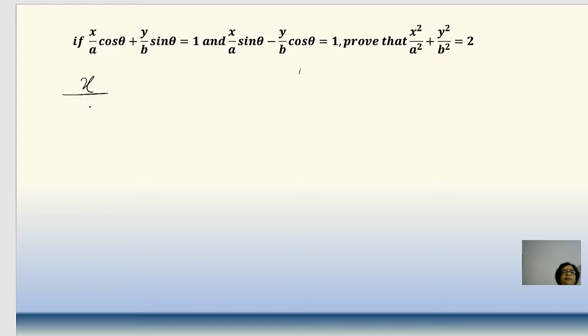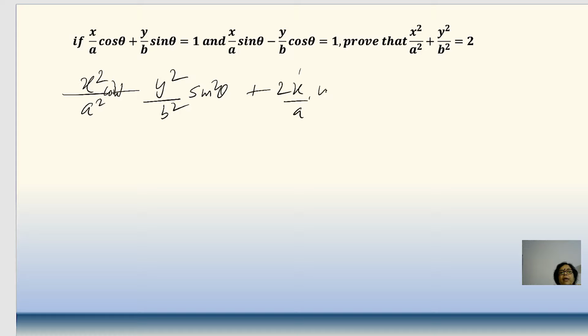So if I take the first one and square it, I'll get here x square by a square cos square theta plus y square by b square sine square theta plus 2x by a into y by b cos theta sine theta is equal to 1. 1 if it is squared, we get 1.